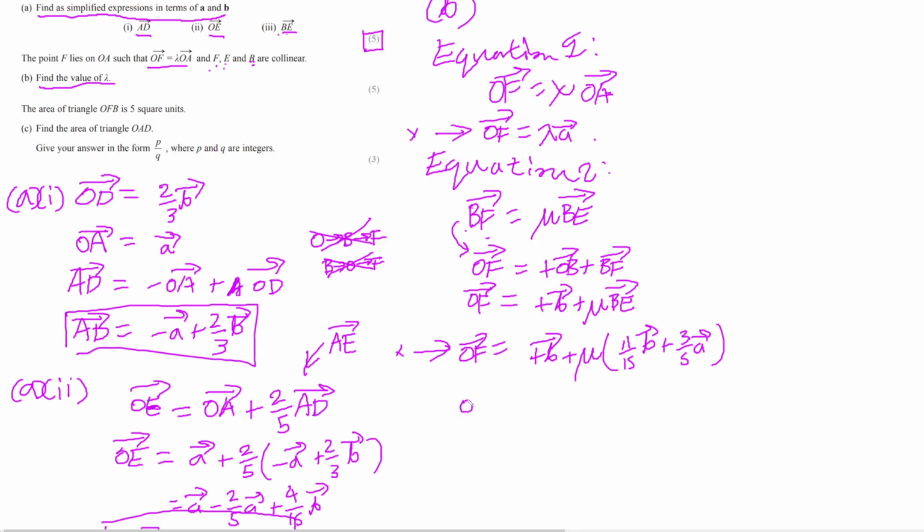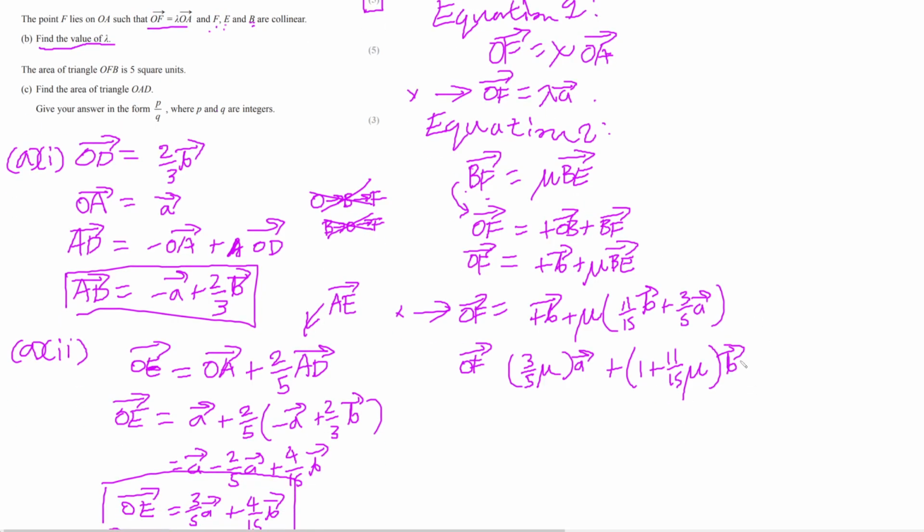But for the time being, let's just simplify this in terms of something A plus something B form. So you have 3 over 5 mu A plus 1 plus 11 over 15 mu B is OF. And this is the same as lambda A plus 0B.